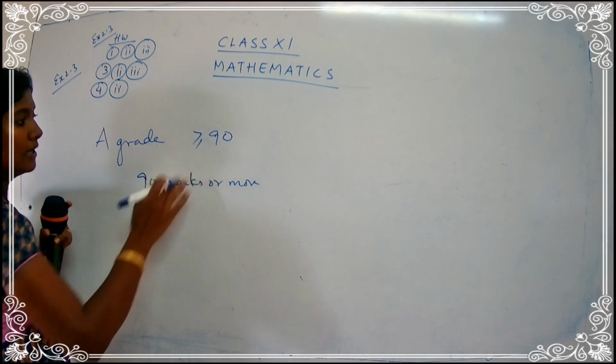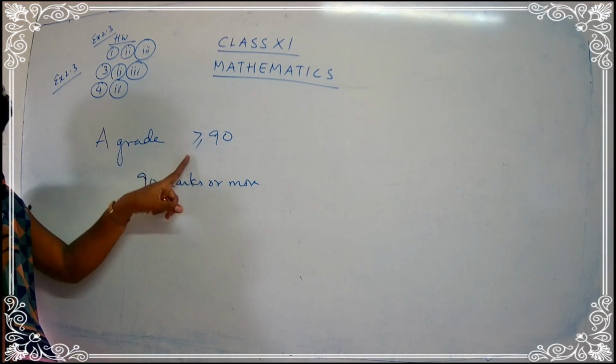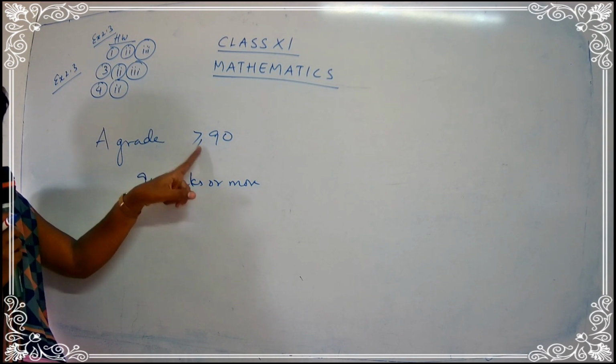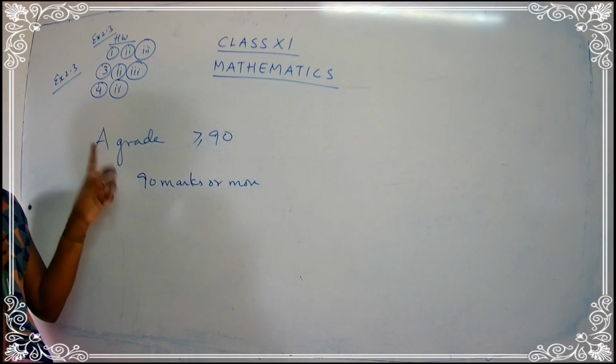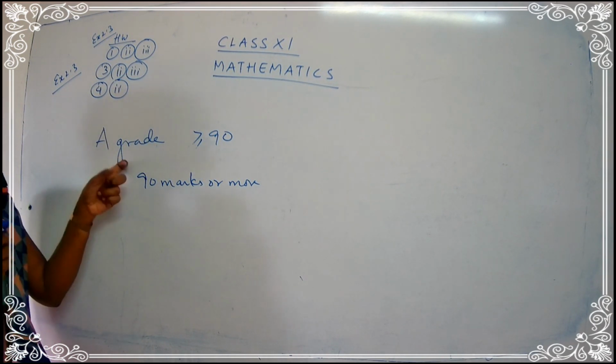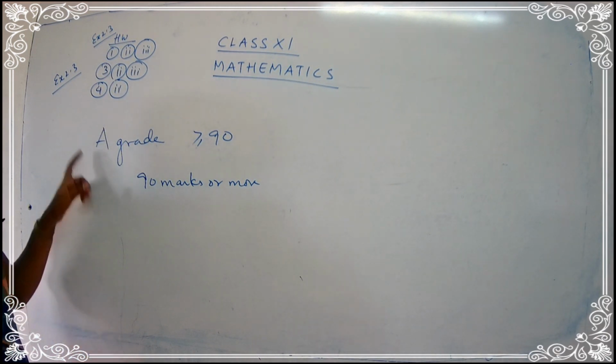So this is greater than or equal to 90. I hope you are clear with the sign, children, why we are using greater than or equal to 90. Because he can score 90. If he scores 90, he is going to get an A grade. If he scores more than 90, he is going to get an A grade. So greater than or equal to 90. Clear, children?